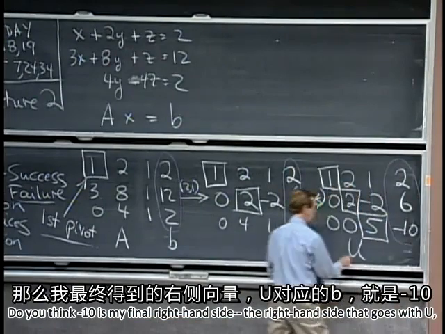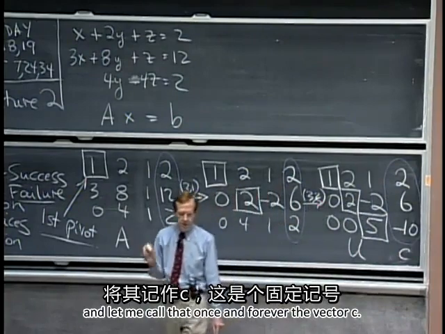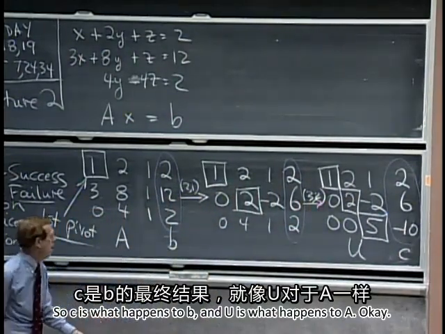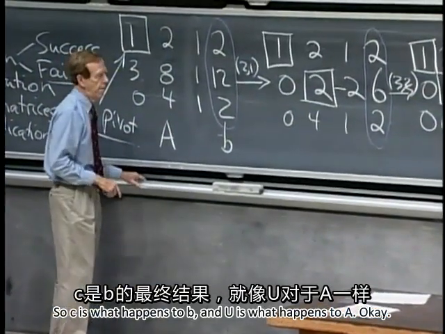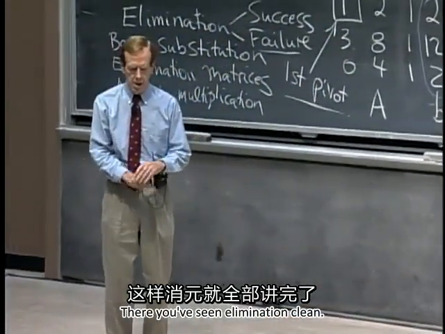The right-hand side that goes with U, and let me call that once and forever the vector c. So c is what happens to b, and U is what happens to A. Okay, there you've seen elimination clean.